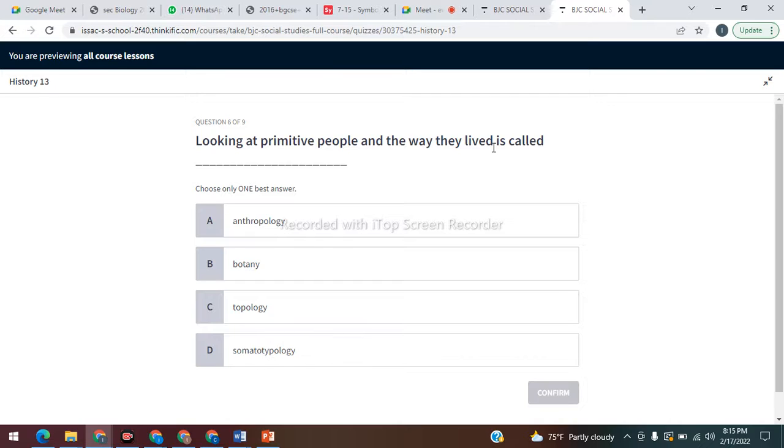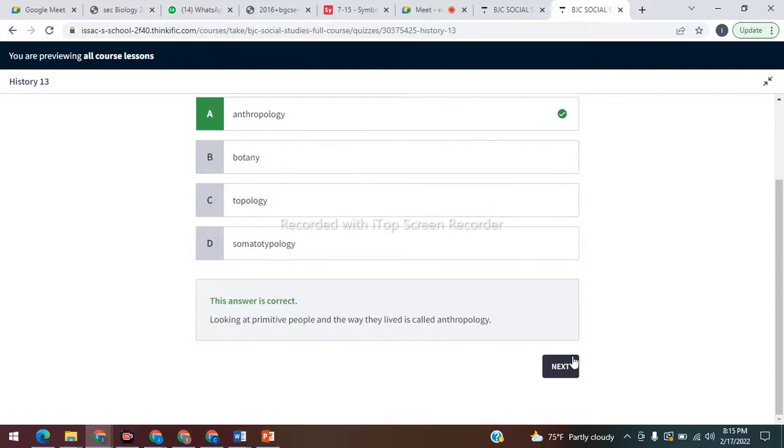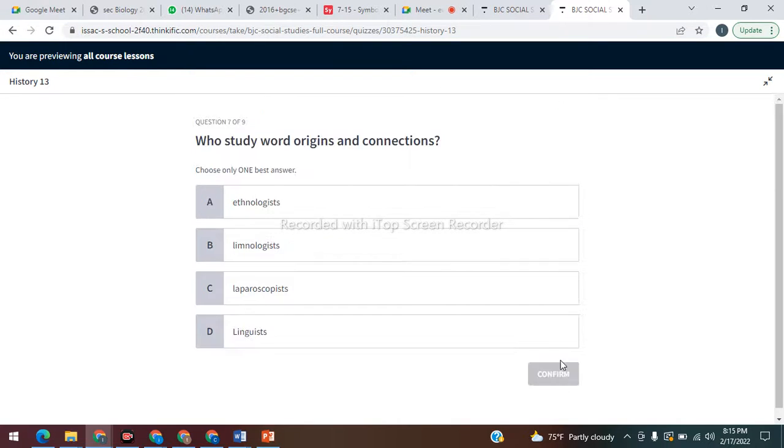Anthropology, botany, topology. All these SAC people, St. John's people, all these government schools. A, right? A. Yes, sir. Anthropology. Gonna lock that in? Yes, let's go. Anthropology. Very good.